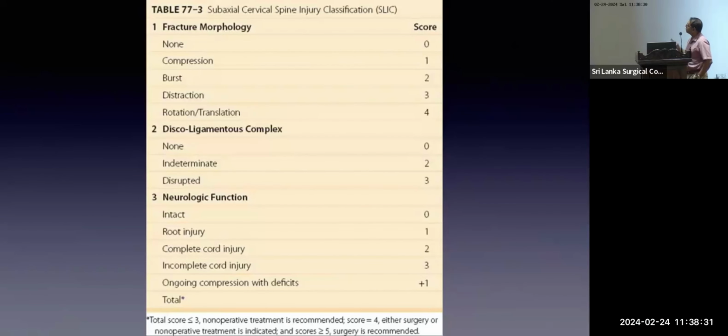So when it comes to deciding whether the patient needs surgery or intervention or not, now you get various classifications. Like it says, if the score is less than 3, you can treat it non-operatively. If it's 4, you can decide whether to do surgery. If it's more than 4, you do surgery. So a lot of classifications.